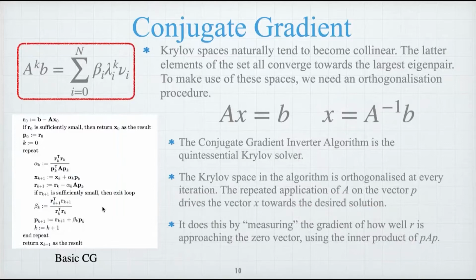And because we know exactly what we want, for example, in the conjugate gradient algorithm, we know we want the inverse, we can manipulate each one of the Krylov subspace vectors as we build it so that we very slightly rotate them in the direction that we want. I.e., I want to find what happens when the matrix A inverse is applied to a vector B. That's what I want to solve. And this is the algorithm that will do it.